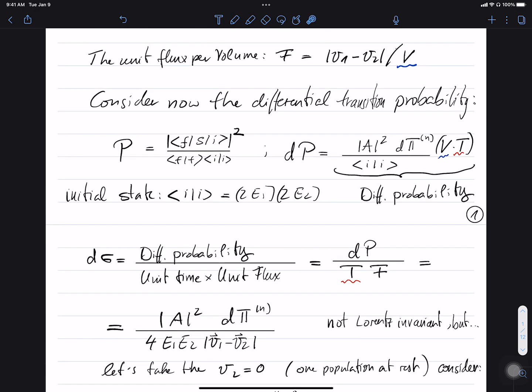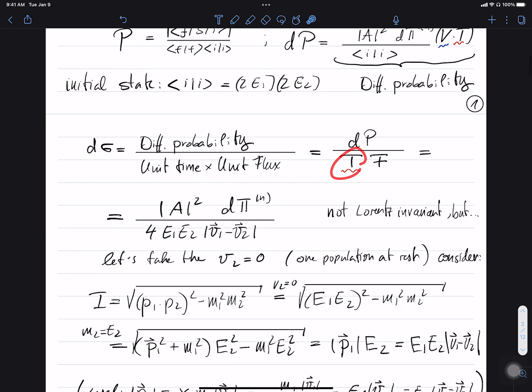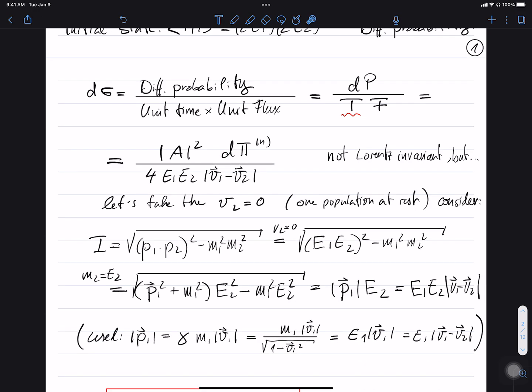So this v gets cancelled by the v in the unit flux, and the T gets cancelled by this T here. So at the end of the day, what we end up with is the matrix element squared and the measure that we need to sum over the phase space of the final particles. And we divide by this normalization factor for E1, E2, and their relative velocity.